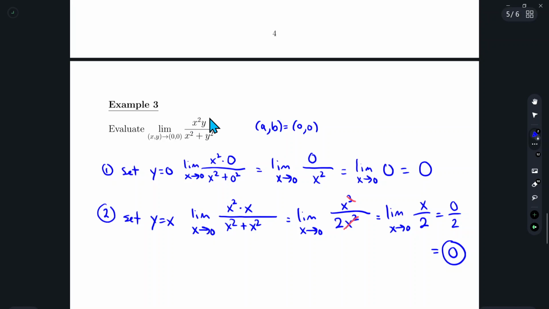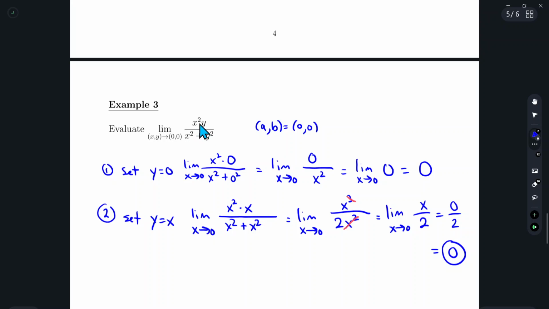There could possibly be a more complicated example where this doesn't apply, but in this situation, because the degree of the numerator is bigger than the degree of the denominator, we can suspect that the limit is going to be 0, right? Roughly the idea is that because the top has a higher degree, it goes to 0 faster than the denominator.